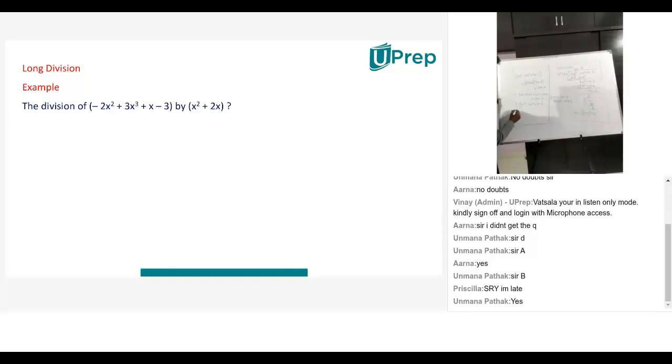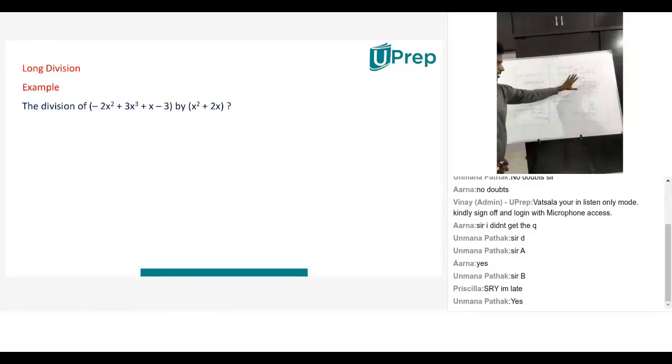So the formula here is dividend is equal to divisor into quotient plus remainder. Children, make a note of this, please.